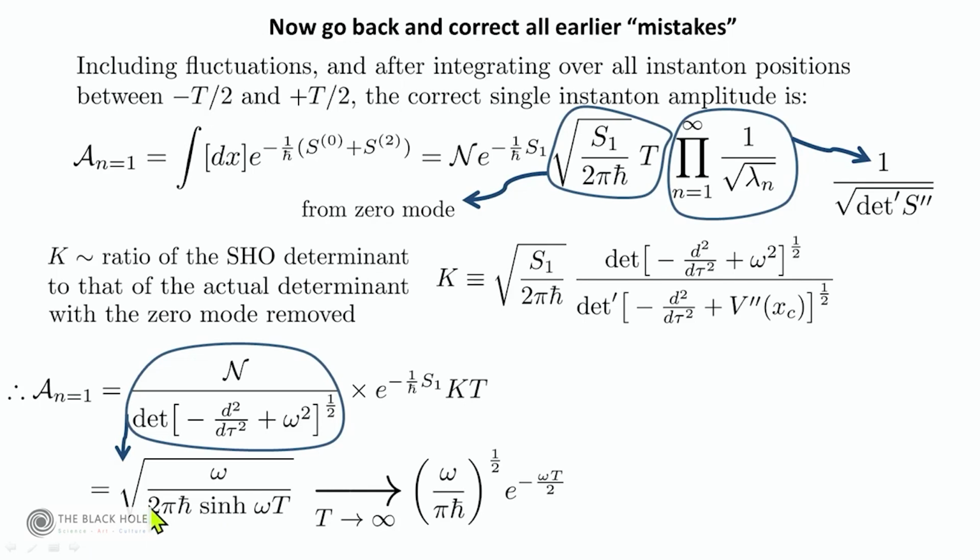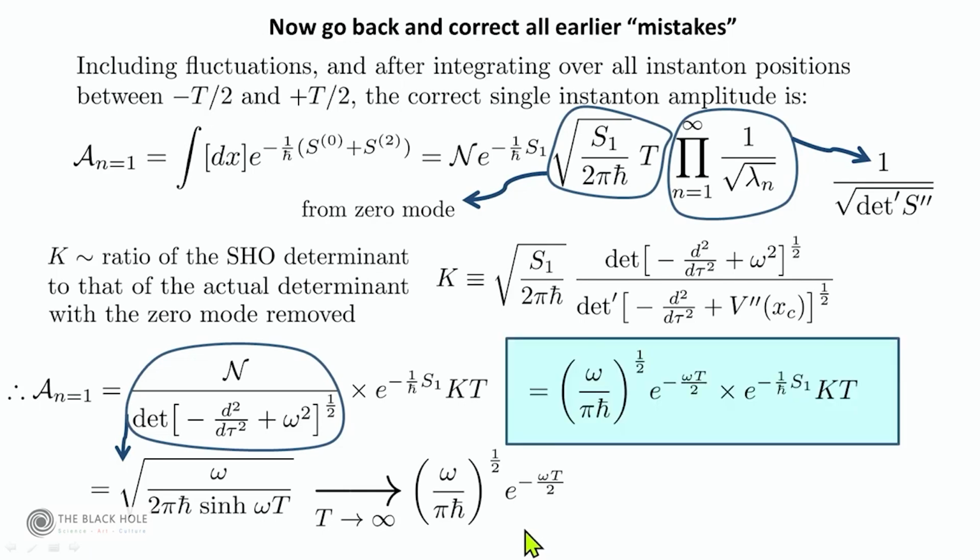So that 2 is cancelled by this 2. As t goes to infinity, only the positive exponential here contributes, which means that when it goes upstairs over here, and when you take the square root, then you get e to the minus omega t by 2. And then the rest you can see is just omega over pi h bar. And that's our grand result for a single instanton, n equal to 1.